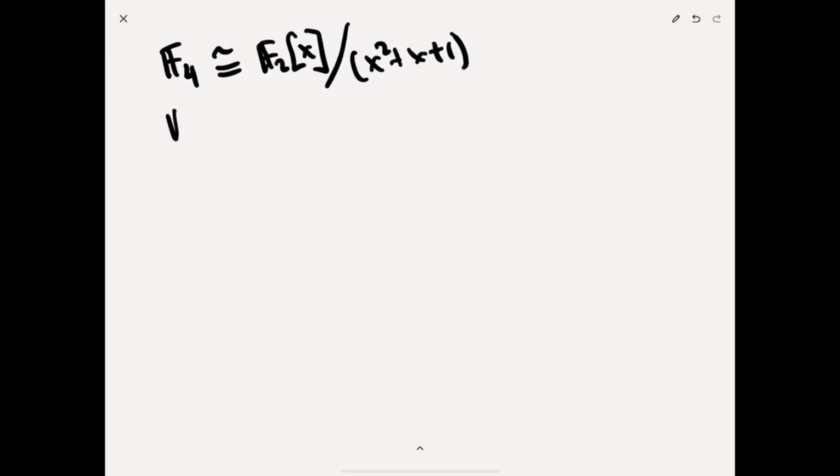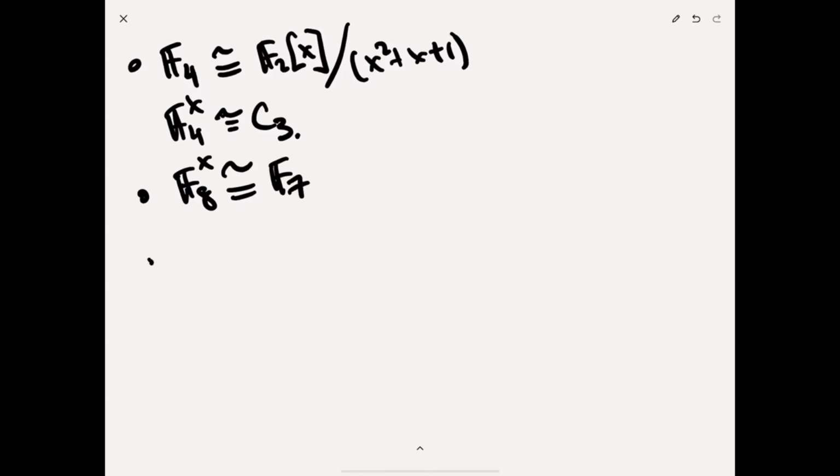But anyway, F4 cross is isomorphic to C3. But let's try F8. So this is isomorphic to, oh, that's 7 as well. Dang it. Let's see. Okay, so this one's isomorphic to C7.